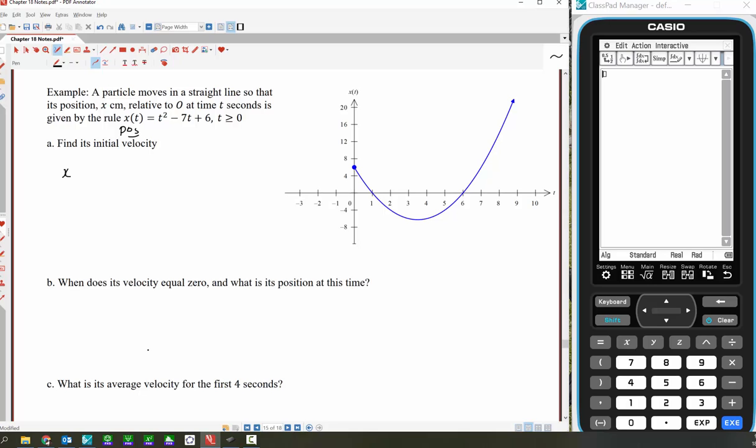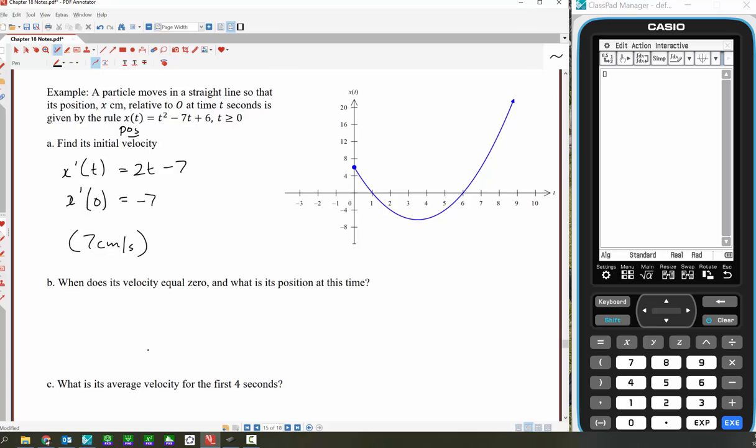We're going to do x dash t to find the gradient. 2t take 7, and we ask, what's your gradient at 0? And it says -7. So the velocity is 7 centimeters per second. That's what the velocity means.